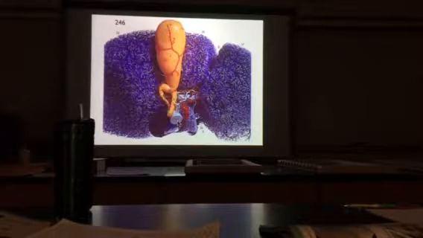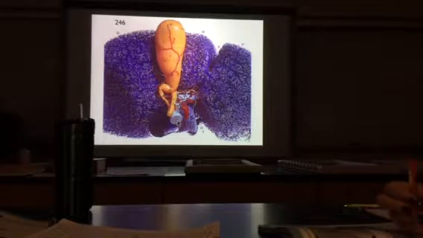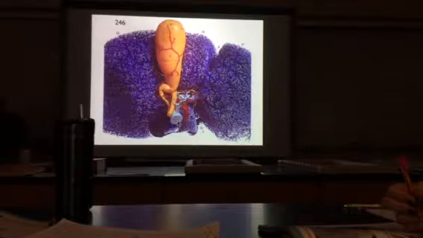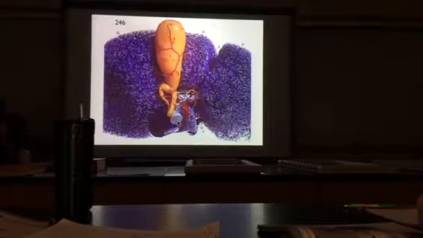And then you should know, I would call this the hepatic portal vein, but I'll accept just portal vein as well. The reason I want to say hepatic portal vein is because there's another portal vein in the body as well called the hypophyseal portal vein, which connects the hypothalamus with the pituitary gland. So there are actually two portal veins in the body.